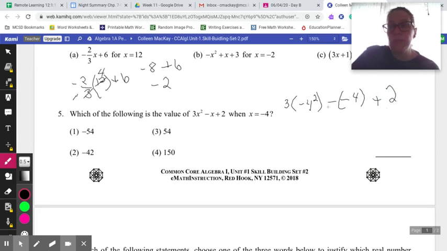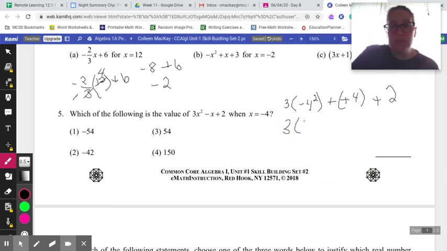Okay, remember when we have 2 of the same sign, we're going to keep the same sign and add the opposite. So that actually makes them plus signs. Okay, so negative 4 squared is negative 4 times negative 4, which is positive 16.